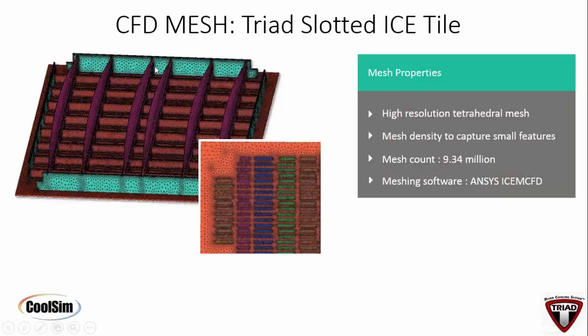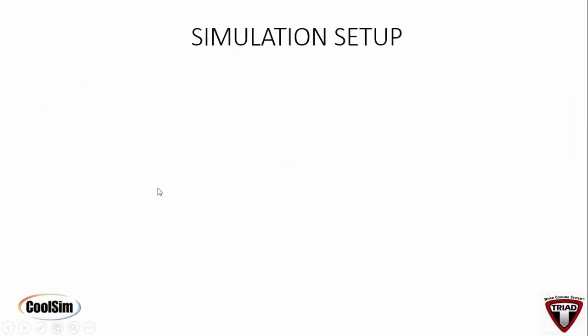They arc this way, and they also arc this way. So it's a two-directional kind of curve he's got on those fins. Very interesting design. The mesh count for this one tile alone was 9.34 million cells. That's a fairly large mesh, particularly for a tetrahedra body-fitted mesh. It's not huge. I mean, in Fluent, we get them. You know, we've seen them in other applications run upwards of hundreds of millions of cells, but still, for one tile, that's quite a mesh.